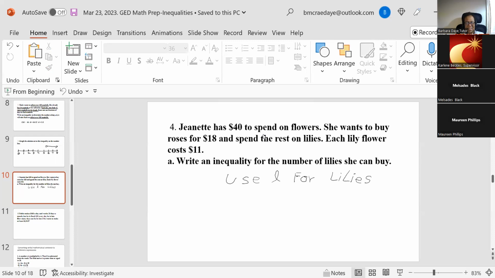Use L for lilies. I don't know. 40 for flowers. So it would be, I don't know, roses. It'd be 22, I don't know.